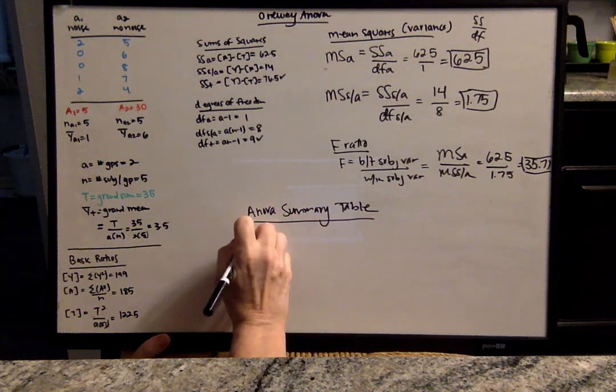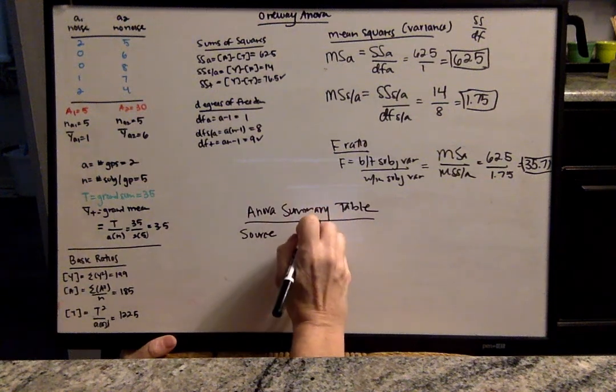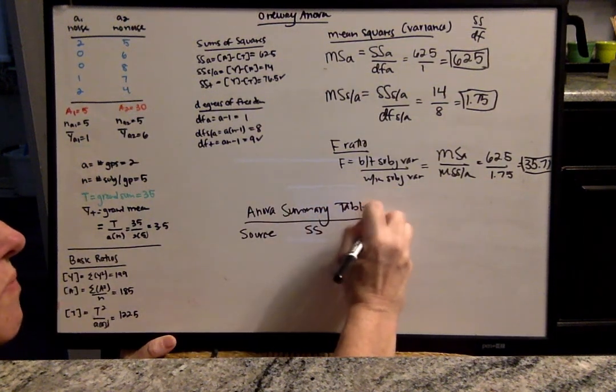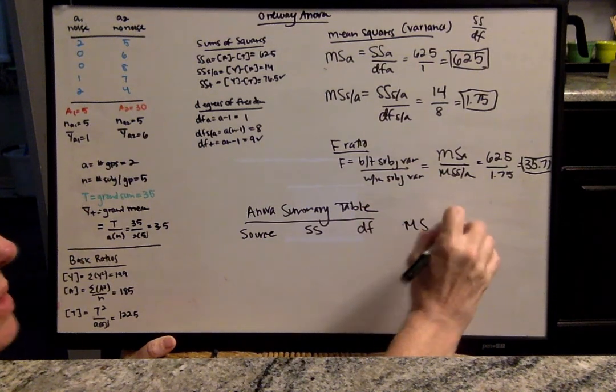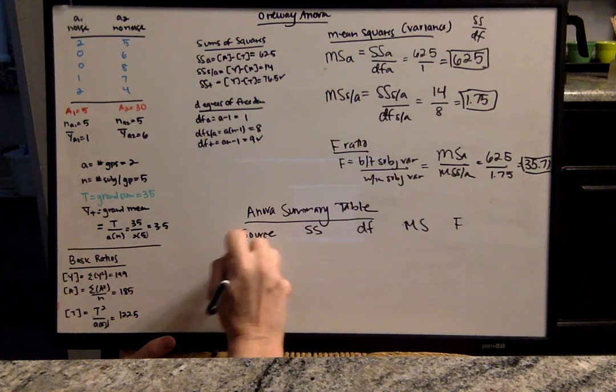The first column in this table is called source. The next columns are SS for sum of squares, DF for degrees of freedom, MS for the mean square, and F for the F ratio. So this is a simple 5-column table.